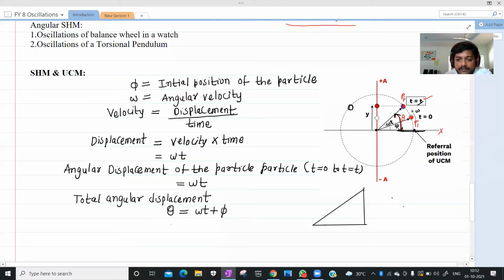See, this is the triangle we found in this diagram. This is the angle theta.